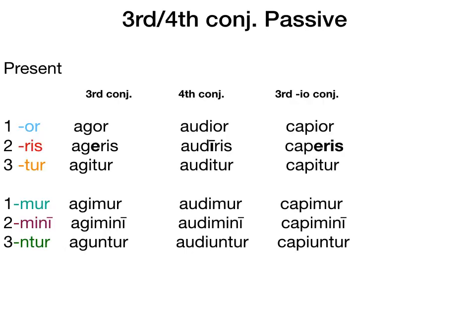So, as you can see, the present tense endings are the same. The thing you want to watch, though, is that the vowel connecting the verb stem to these endings is going to change depending. So, in fourth conjugation and third IO, because remember we have that third IO category like capio, capere, to capture, where it's ending in IO but the infinitive still has that short E. Capere, right?